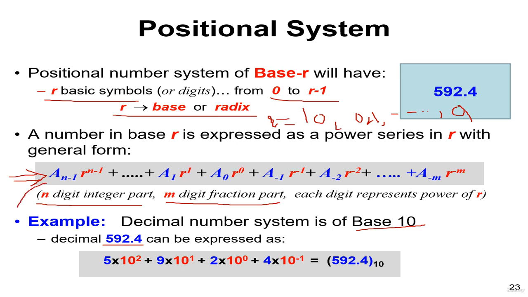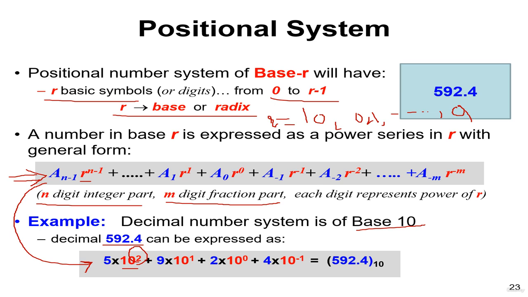The same form can be written in terms of numbers as 5 into 10 raised to the power, 10 is the R, right? This is the same R. Then this 2 is n minus 1. N is the number of digits in the integer part.